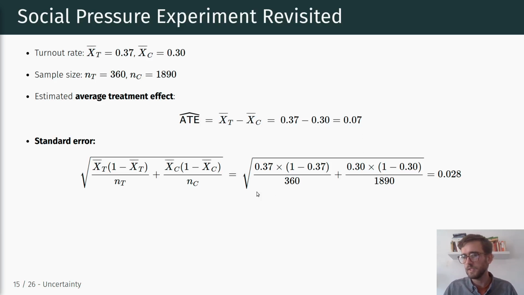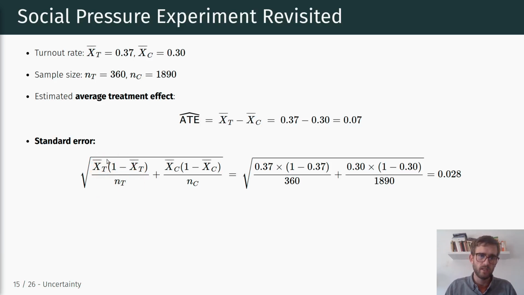The way we compute the standard error is we have to look at the variance in the difference between those two x bars, and the variance of that difference is equal to the sum of the variances.